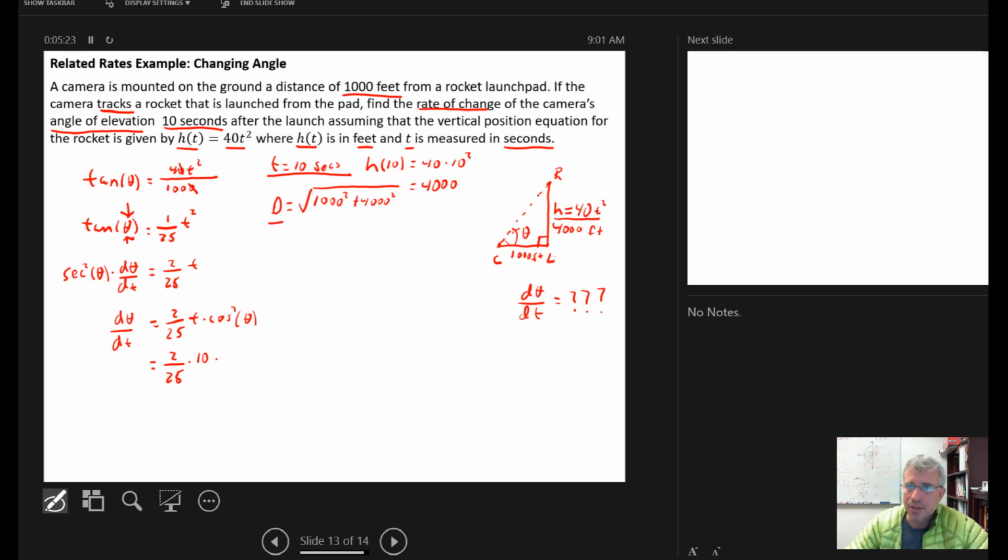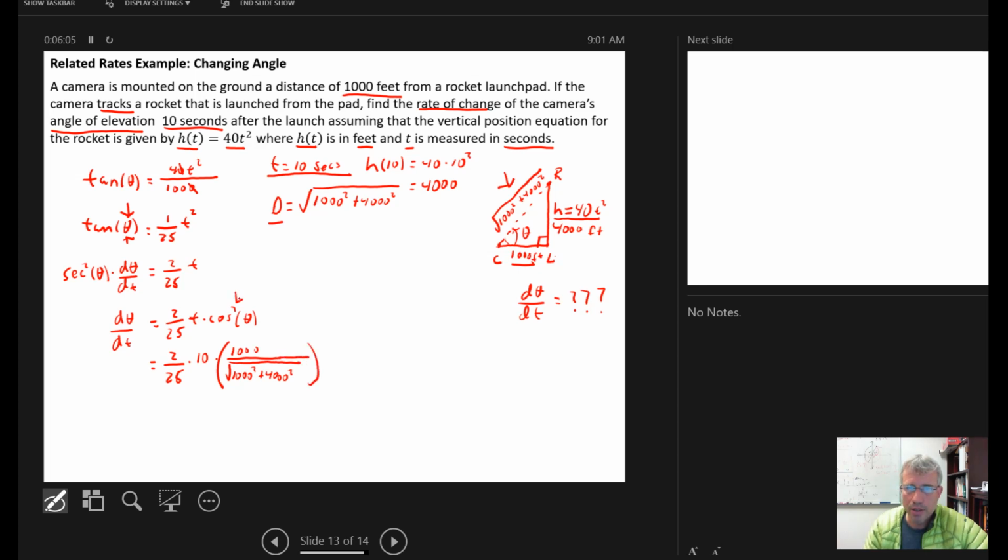At the 10-second mark, we know that the length of this hypotenuse is the square root of 1,000 squared plus 4,000 squared, by the Pythagorean theorem. And the cosine is going to be adjacent over hypotenuse from trigonometry. So the cosine is going to be the adjacent side, 1,000, over the hypotenuse, the square root of 1,000 squared plus 4,000 squared.